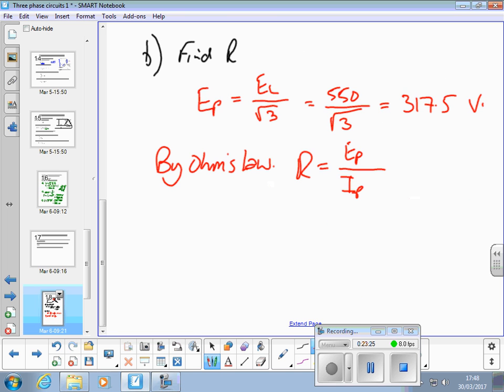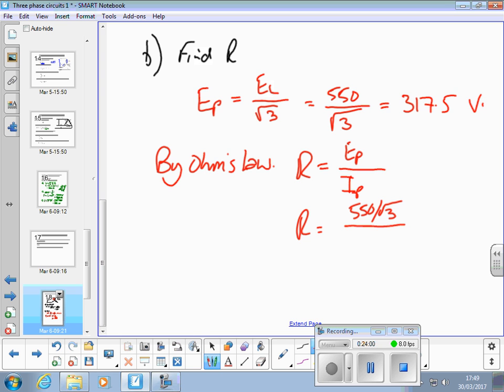And here, what I would recommend is that you do it like this: 550 over root 3. Rather than round that figure, you do the whole thing and then round. As the final answer you're looking for is the resistance, probably put it in as that fraction there, rather than that result that you've rounded. Not going to make that much difference, but in some questions it could.